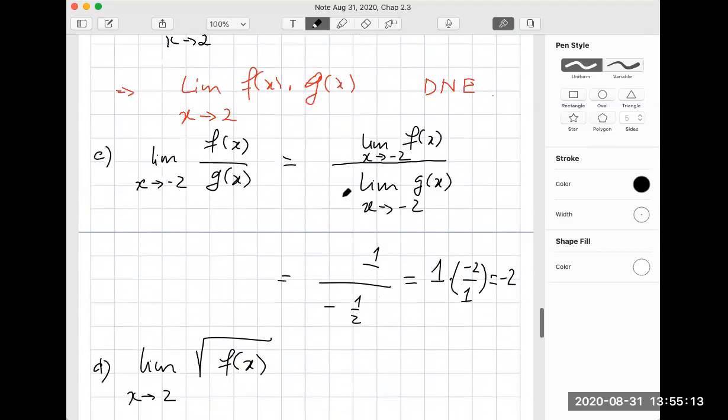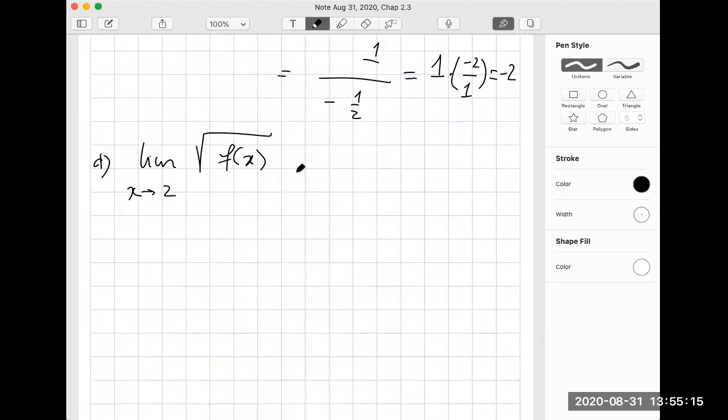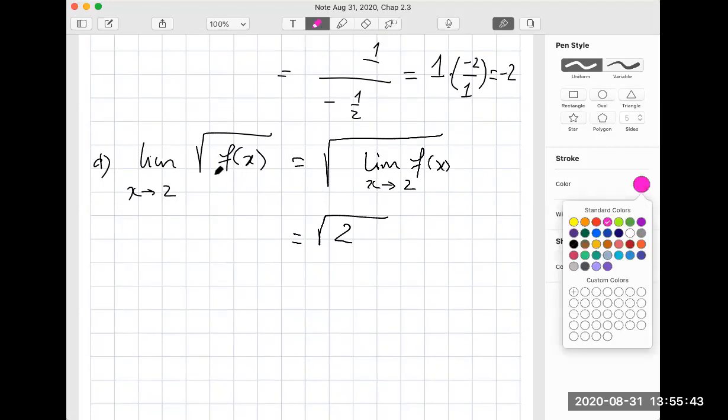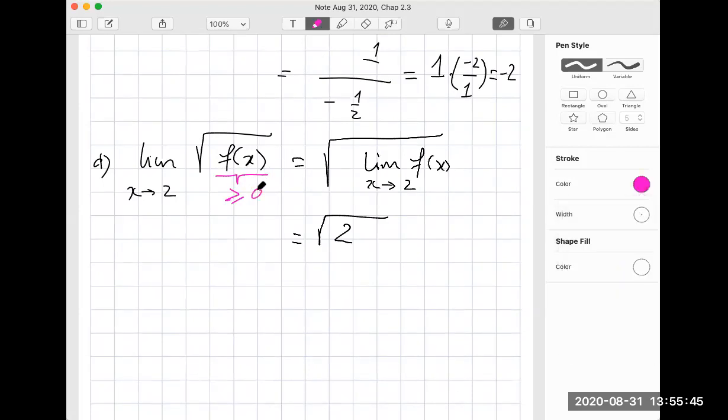So we can use the root law, which means it will be the square root of the limit of f of x when x approaches 2. Okay? Then we know that it is 2 at that point, therefore it is the square root of 2. That's it. Remember, we need to check if f of x is positive. So very important. We know that it is positive, right? That is why we can apply this. Otherwise, we're not allowed to do so. Okay?